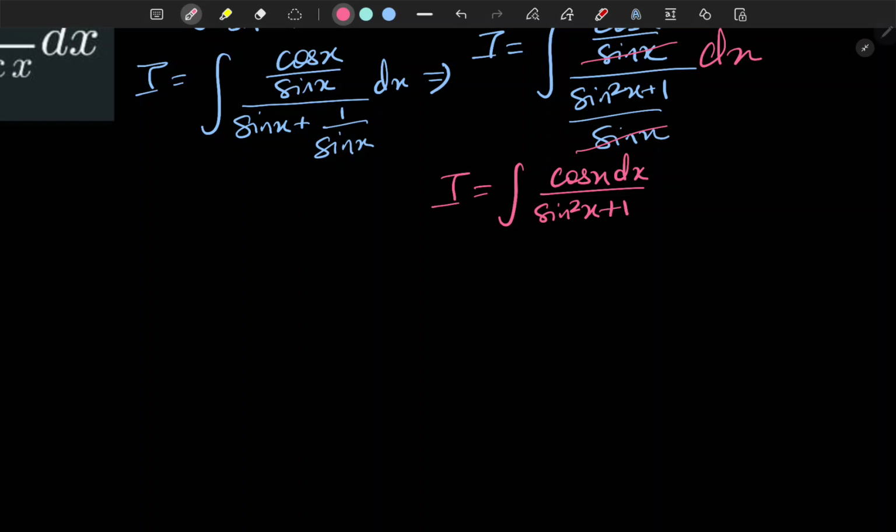Now I'm letting sine x be t, then cosine of x dx is nothing but dt.